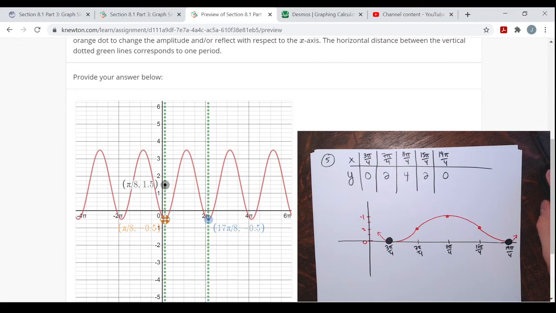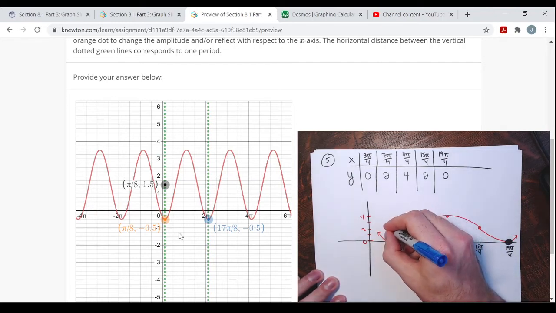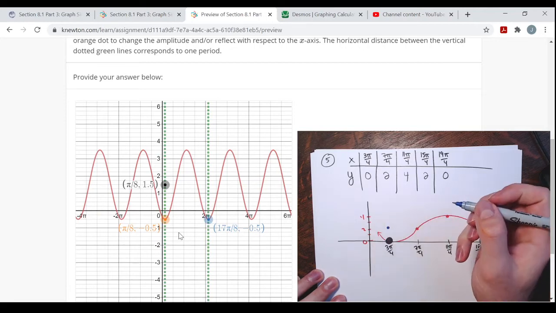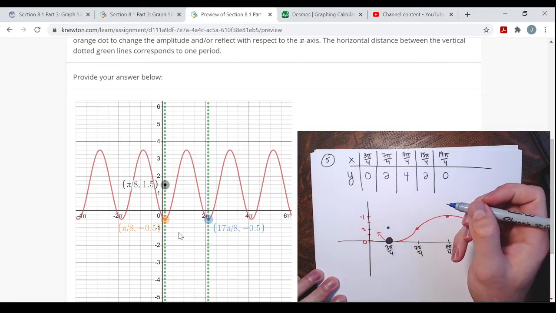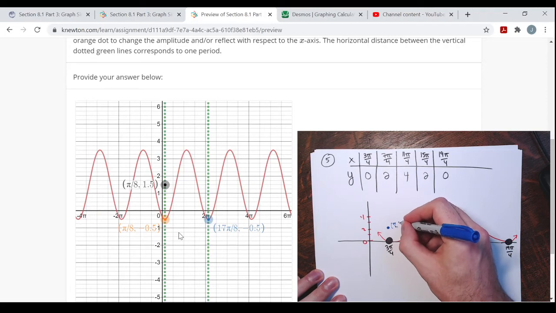All right, well this is annoying. So I guess if I want that yellow dot, the bottom of that one valley, to be there, I need to move the black dot to this point, which is at 3 pi over 4 comma 2.